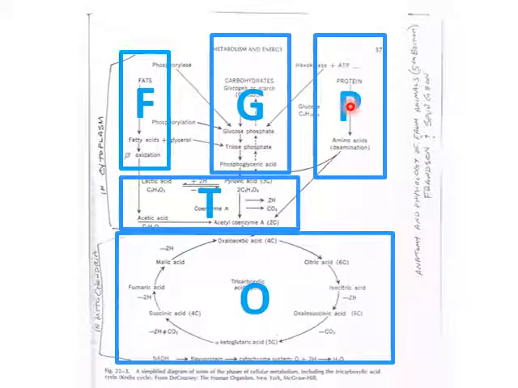Protein, depending on what amino acid it is, is either going to go PGTO, PTO, or PO. All those processes, pathways will take an organic compound, fat, carbohydrate, or protein, and turn it into CO2 and water, generating energy along the way.